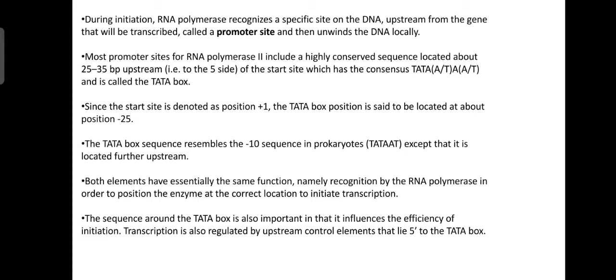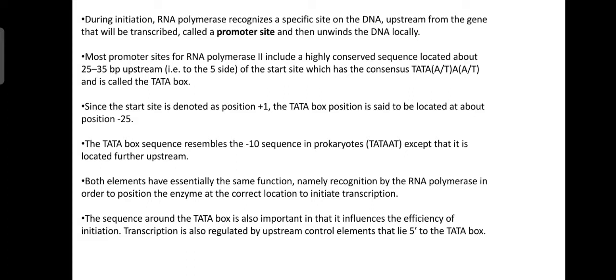It will move through the DNA and recognize a specific site upstream from the gene that will be transcribed, called a promoter site. We said the promoter site will be present upstream of the transcriptional start site, which will direct this RNA polymerase.